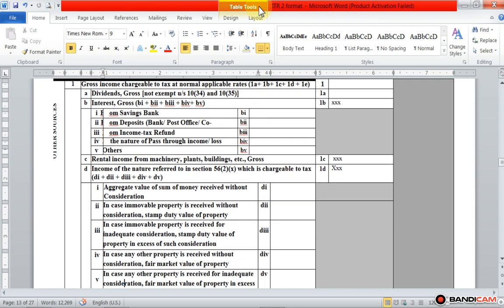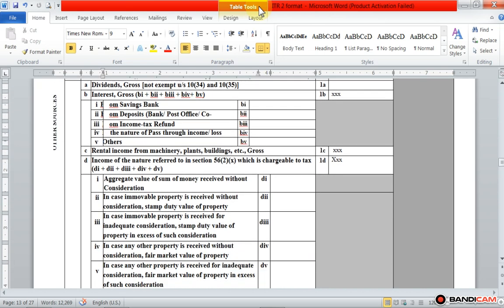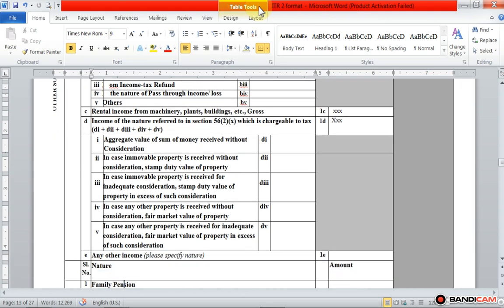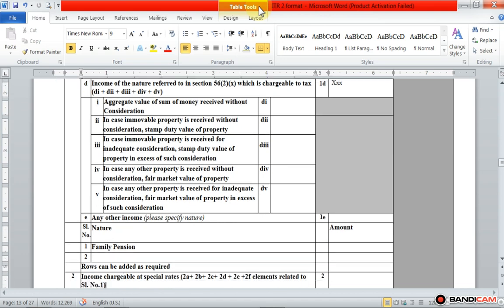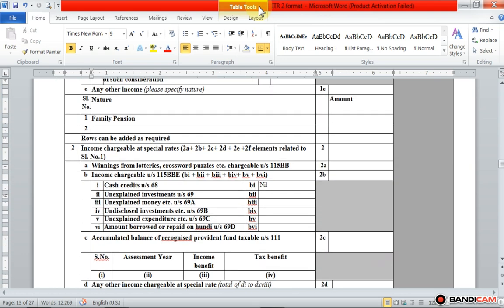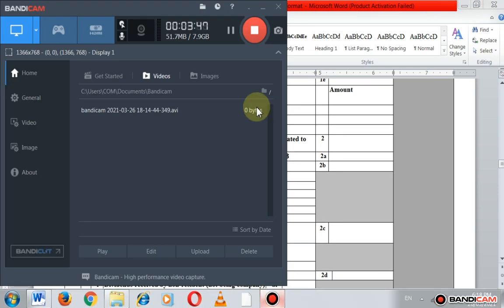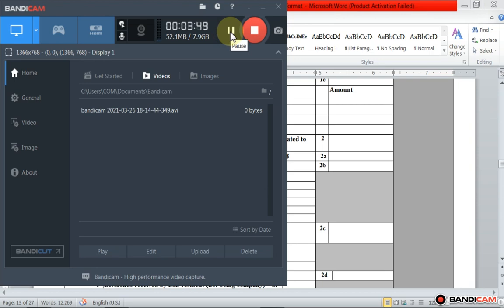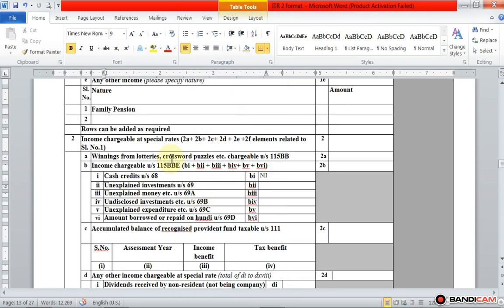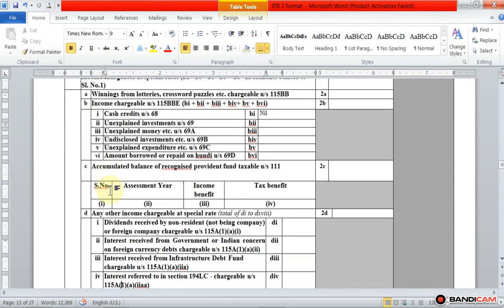Then interest on savings bank account, then interest on deposits, including bank, post office, etc. So here we studied income from other sources also.